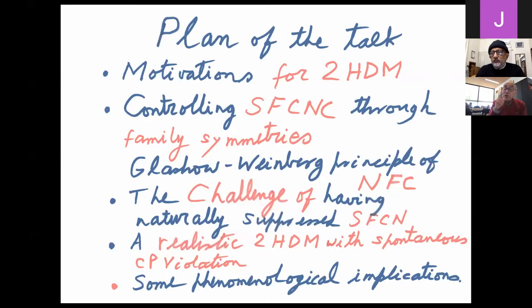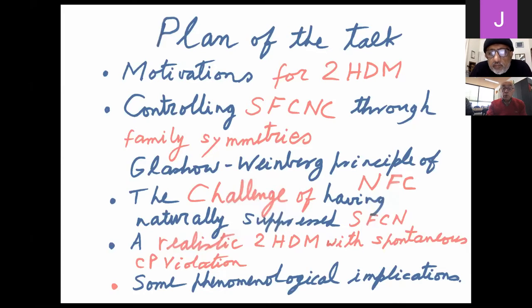There are flavor changing neutral currents in the leptonic sector, essentially because the PMNS matrix is necessarily non-unitary. The violations of unitarity are very small, but this is a matter of principle. So my claim is that already at that level, the Glashow-Weinberg principle is violated. Okay. Then I'll be talking about other things.